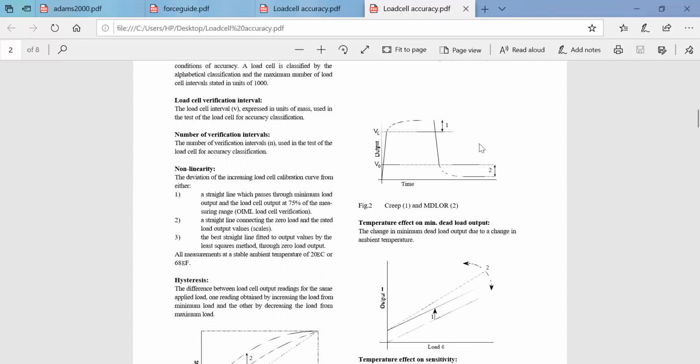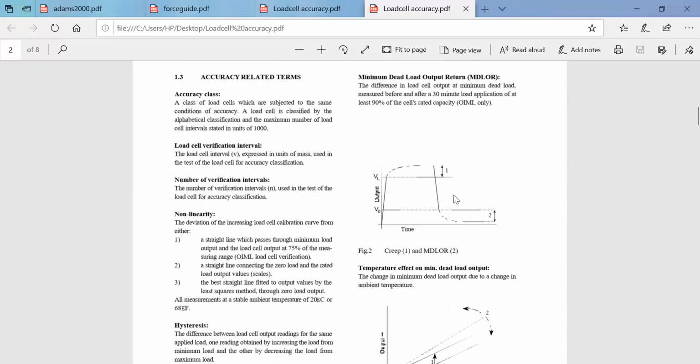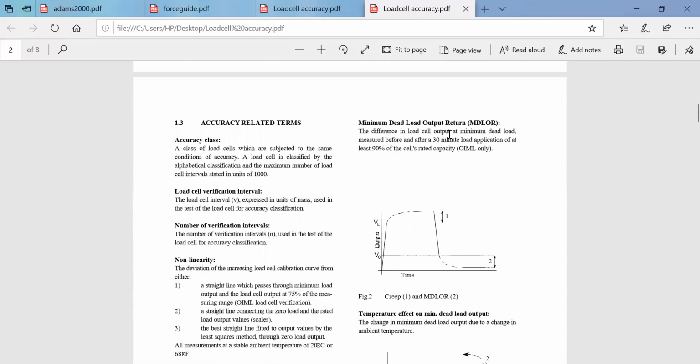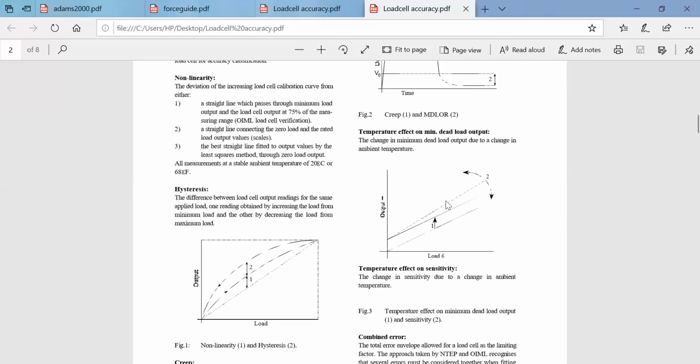That difference provides the deviation due to the temperature effect on the minimum dead load output return. You can draw a graph and show this, which shows how sensitive the given load cell is to the external environment.